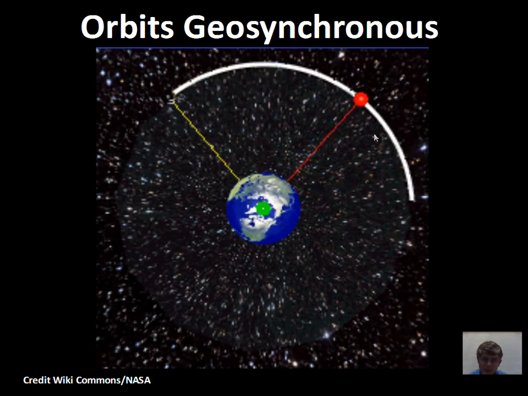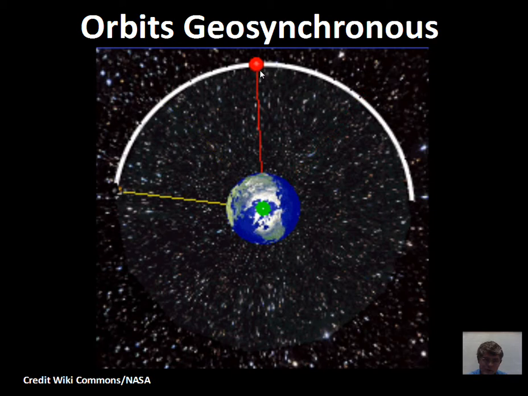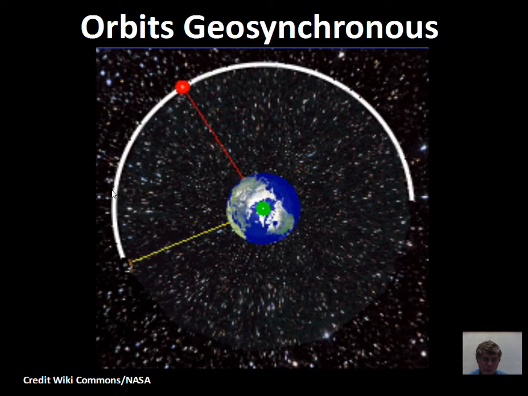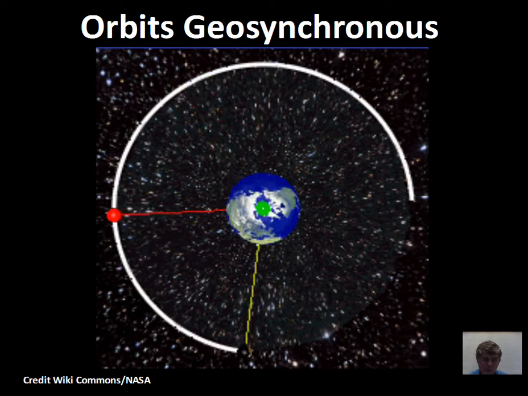If the dish TV satellite is in a geosynchronous orbit, the orbit takes 24 hours, the Earth spins once in 24 hours, and we do not have to try to track the satellite across the sky. The motion of the Earth automatically moves the dish to keep in line with the satellite. A very important communication belt here, the geosynchronous satellites.